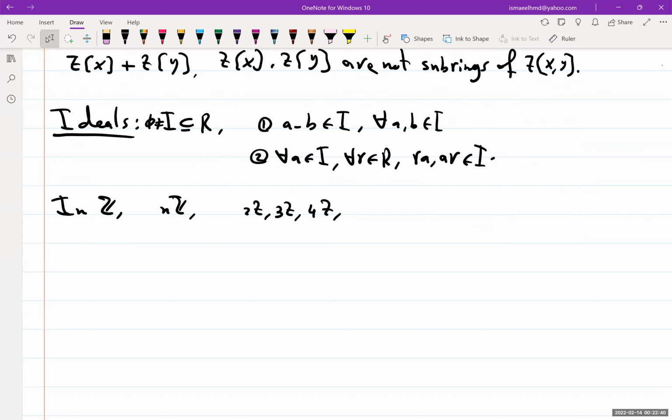We have many types of ideals, like prime ideals, maximal ideals, nil ideals, nilpotent ideals, idempotent ideals, and we have operations on ideals like the sum of two ideals and the intersection of two ideals. And of course the union of two ideals need not be an ideal. For example, 2Z union 3Z is not an ideal.